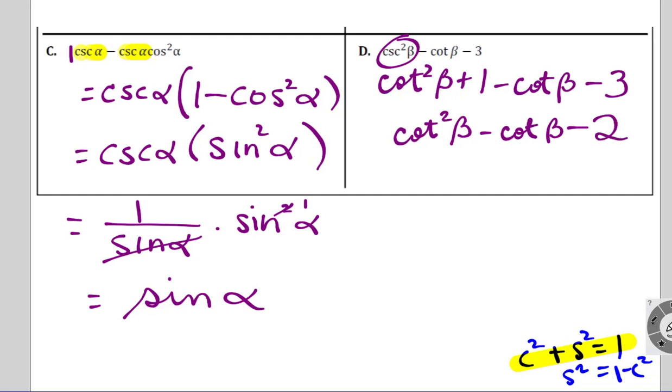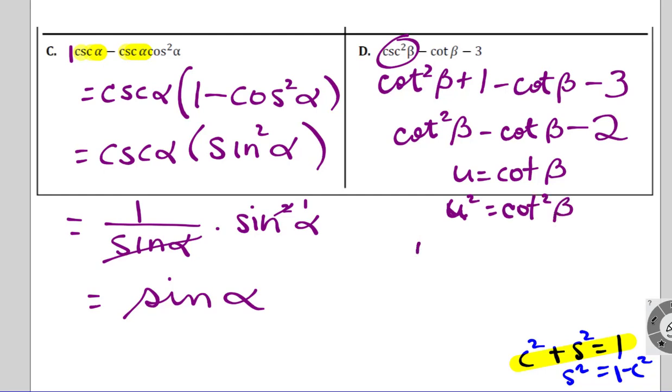Now that we've got everything in terms of cotangent squared, cotangent, and a constant, that looks easier for us to deal with, right? If we needed to, we could do our U substitution, but we could probably also do this without it. But I'll do the U substitution. We have U equals cotangent beta, and of course U squared is cotangent squared beta.